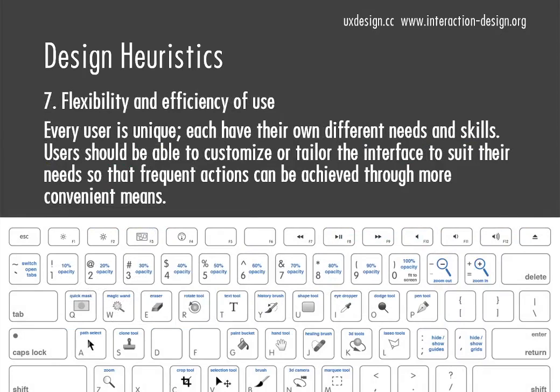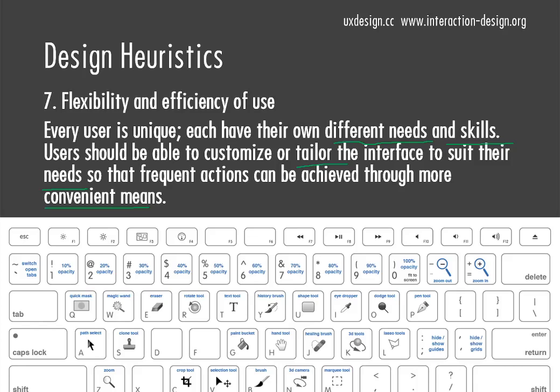Flexibility and efficiency of use. Every user is unique. Each has their own different needs and skills. Users should be able to customize or tailor the interface to suit their needs, like dark mode or day mode, something like that, so that frequent actions can be achieved through more convenient means.